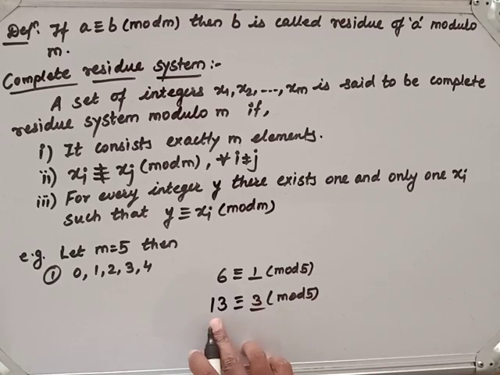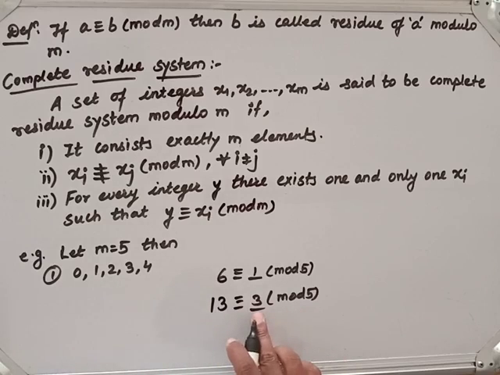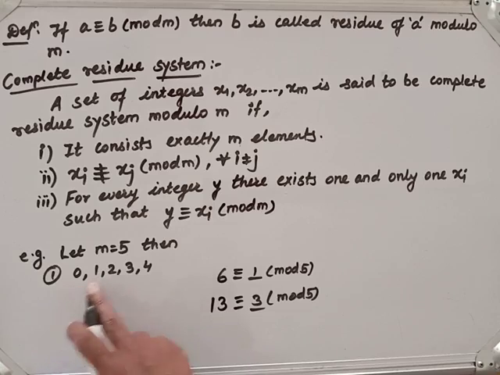Why? Because when 13 is divided by 5, the remainder will be 3. Is 3 here? Yes, 3 is there. So wherever we look, the residue is one of these numbers. That means this third condition is also satisfied.